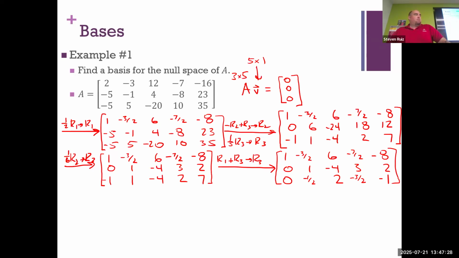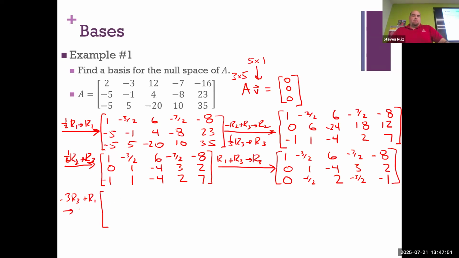All right, good. Good catch. Now what? -3 times row 3 plus row 1.